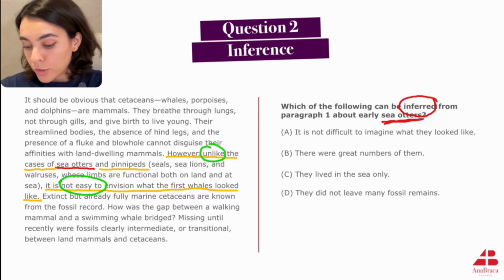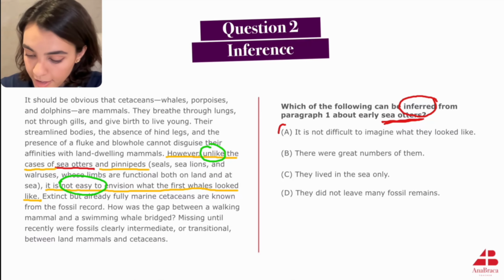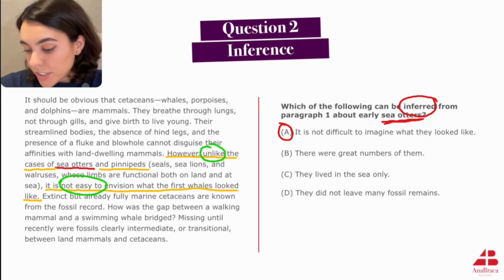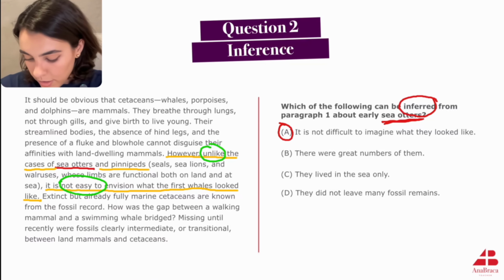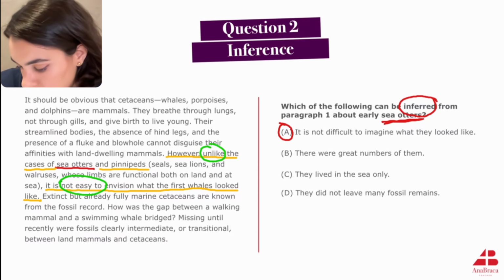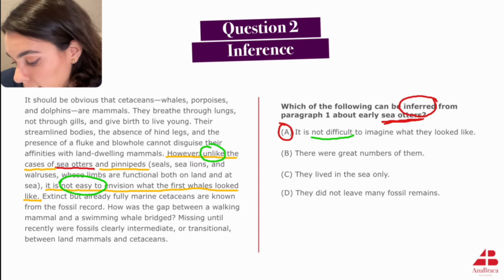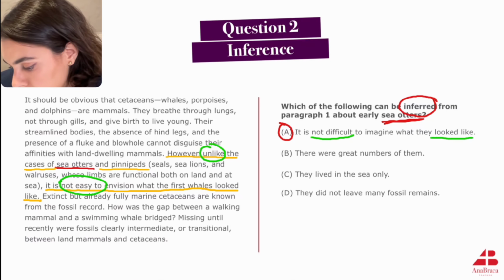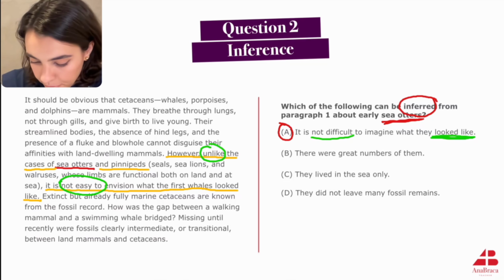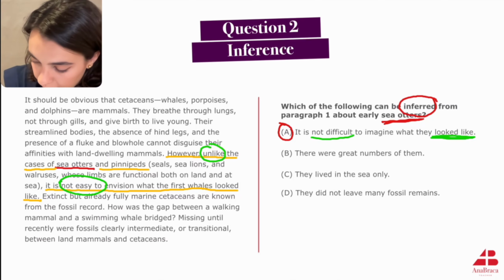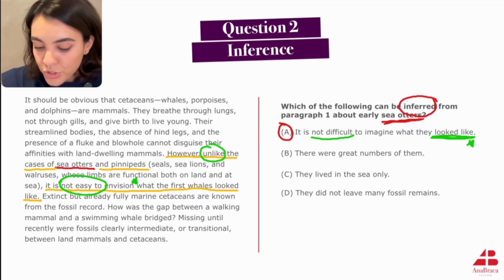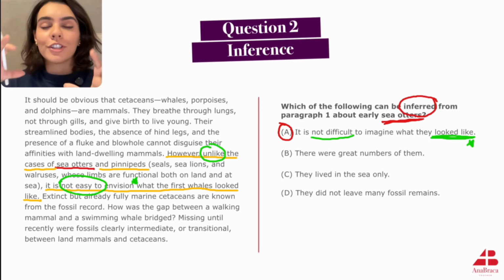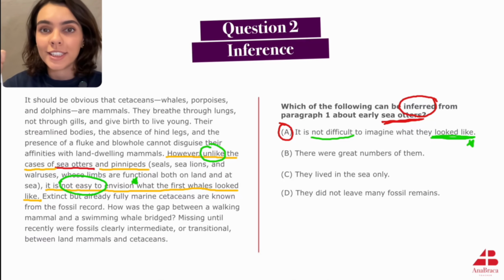And the answer here would be option A, okay? It is not difficult to imagine what they looked like. So the key words are those here, and the word that is related to look like is envision. So just like the other question, we have another vocabulary point here, okay?